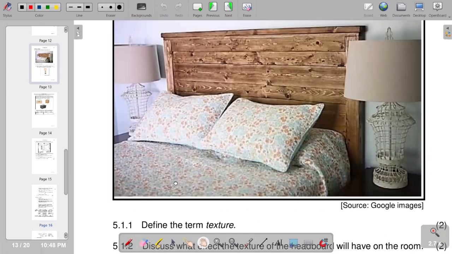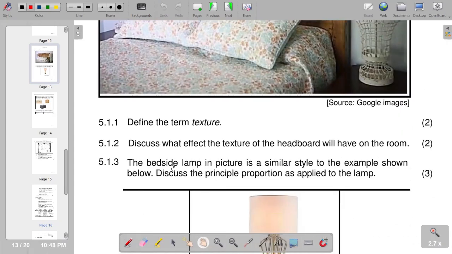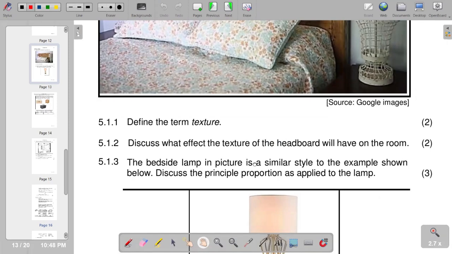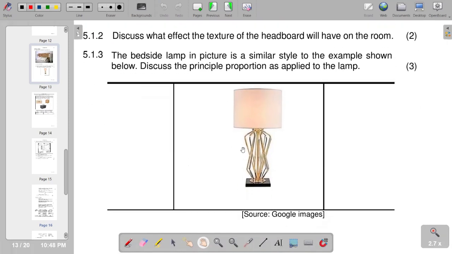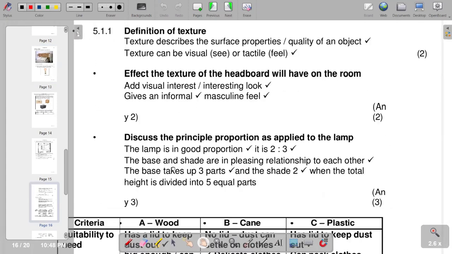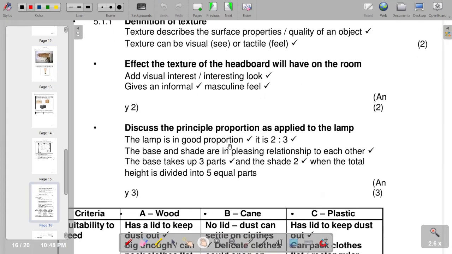So we move on to 5.1.3. The bedside lamp in the picture is a similar style to the example shown below. Discuss how the principle of proportion is applied to the lamp. So the response is the lamp is in good proportion.